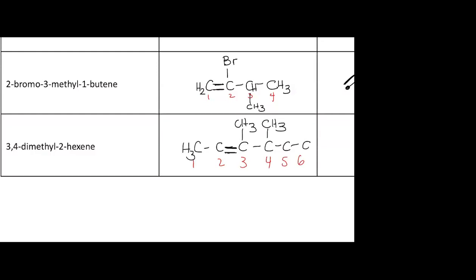How many on carbon 2? Since it has 3 lines already. Excellent, it needs 1. What about carbon 3? How many hydrogens will it get? Yes, 0, because it already has 4 lines.